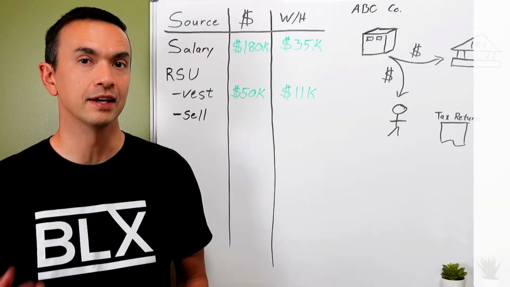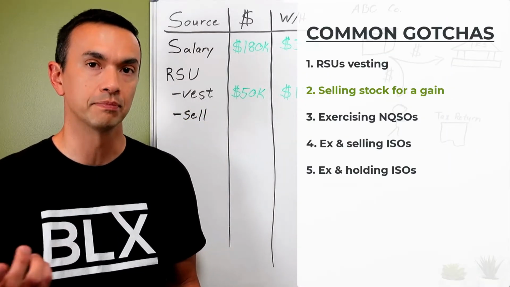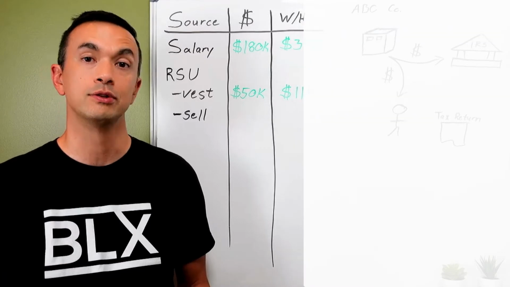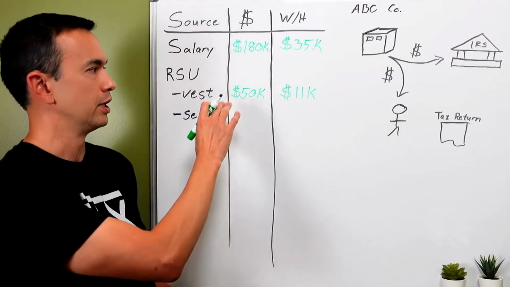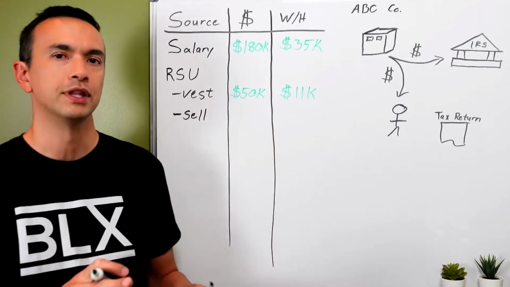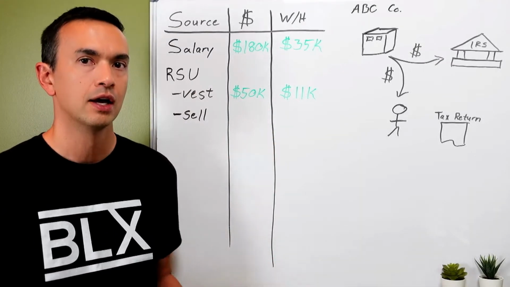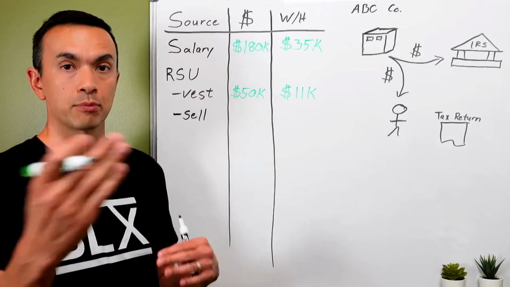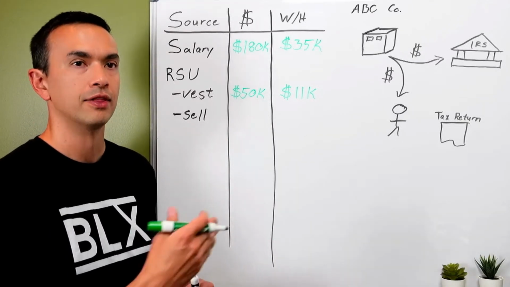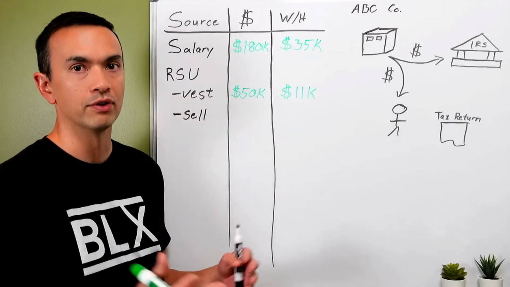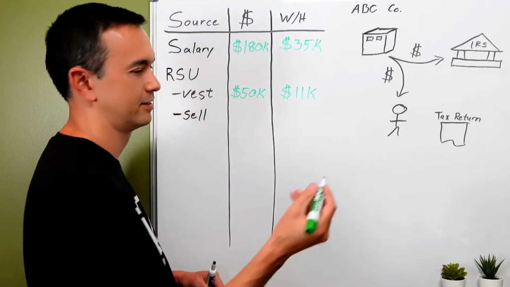So the next thing is talking about some of the tax consequences for whenever you actually do sell your company stock. And let's just say for this example that our RSUs vested, but then we actually haven't sold any of them. But then a few months later, the stock price goes up, and then we do sell it for $10,000 more than the value of it whenever it first vested.